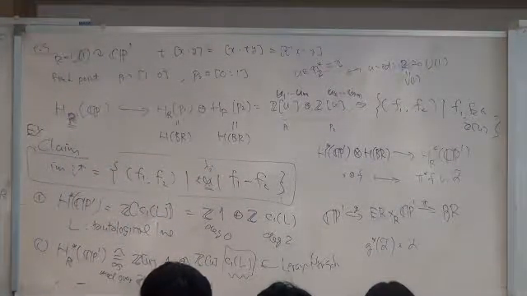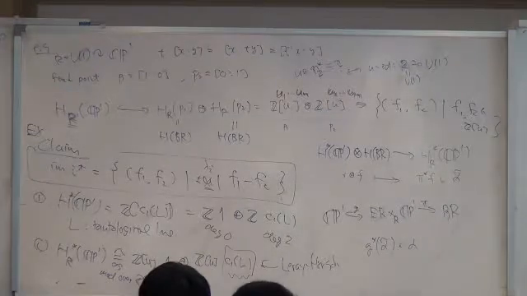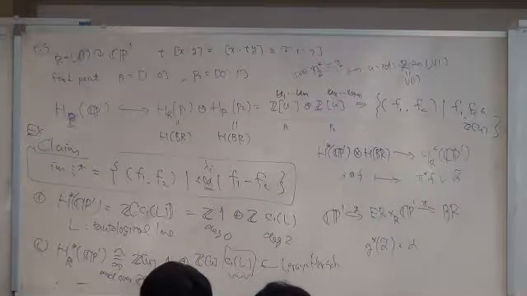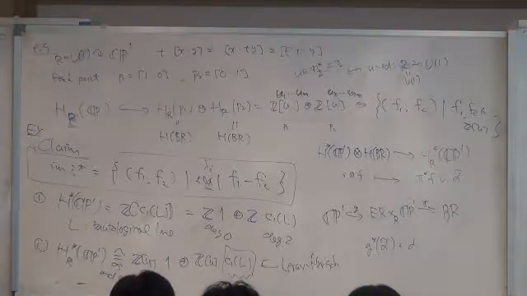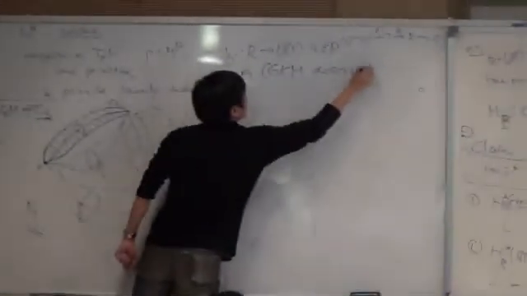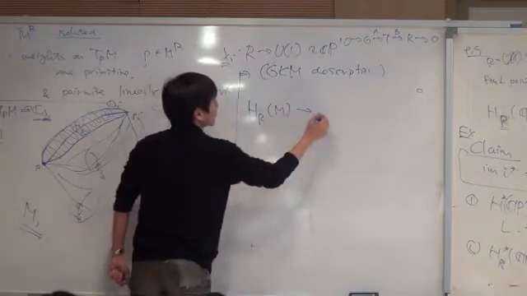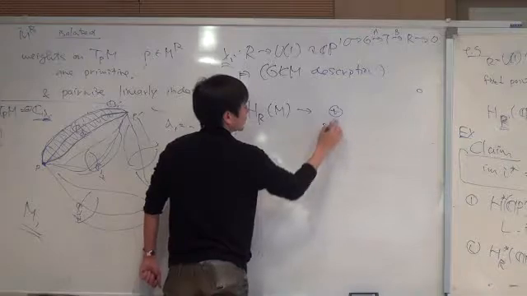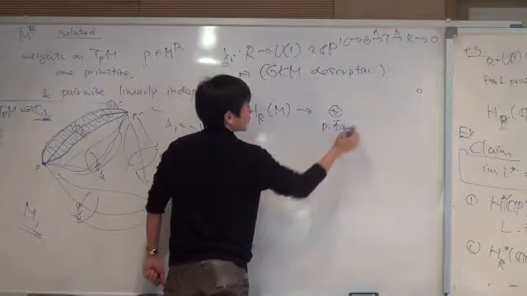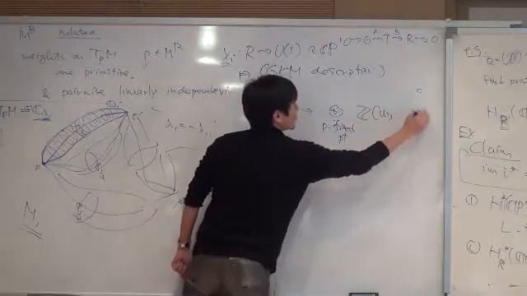Okay. Because all these P1s are connected by just the points, now finally we have, under this condition, the GKM description. So you have this M going into the fixed points P, and there's a bunch of a polynomial ring.